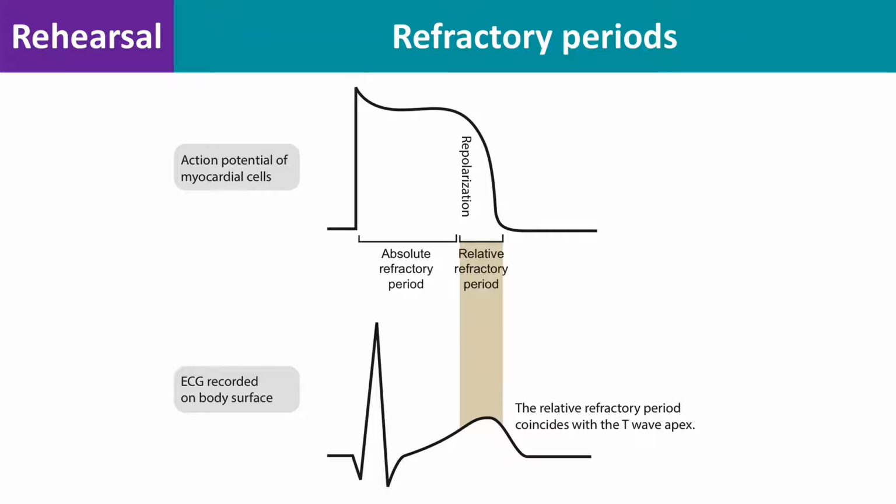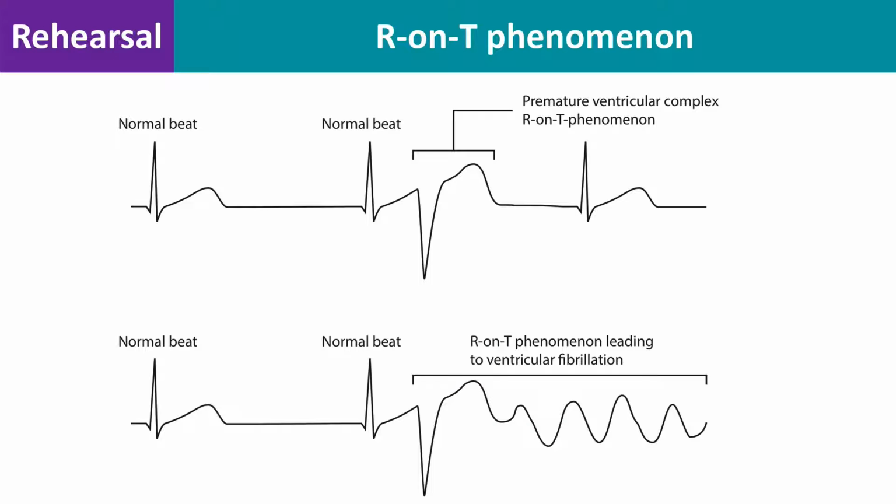Now let's take a look at how that would appear on the ECG. This is a normal beat. This is also a normal beat. But you see that this T wave is interrupted by an abnormal beat. This beat is abnormal because it appears to be much wider than the normal beat, and the direction of the QRS complex is opposite to the ST-T complex, and it occurs much too early in the cardiac cycle.